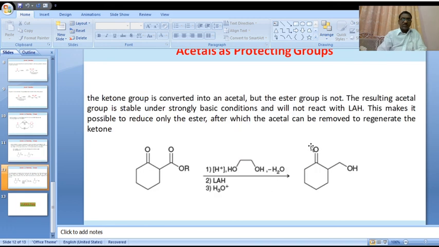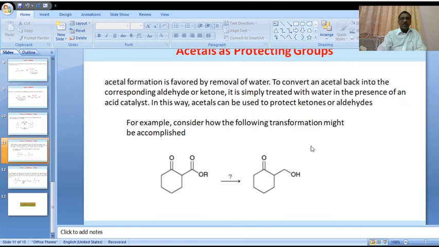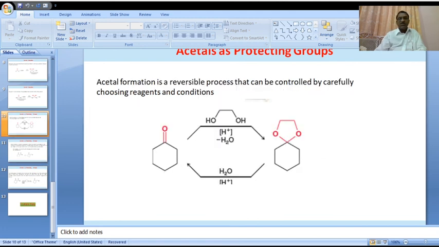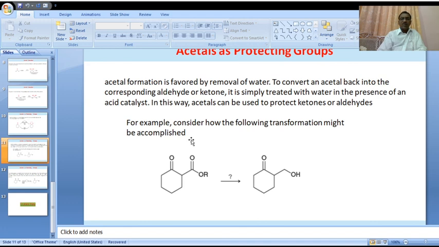Please observe this reverse reaction: on reaction with water in presence of acid, the acetal compound is converted into the original carbonyl compound. It may be aldehyde or ketone. Is it clear?